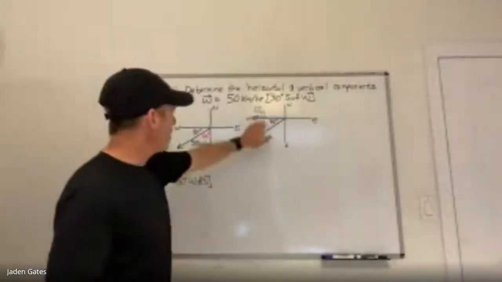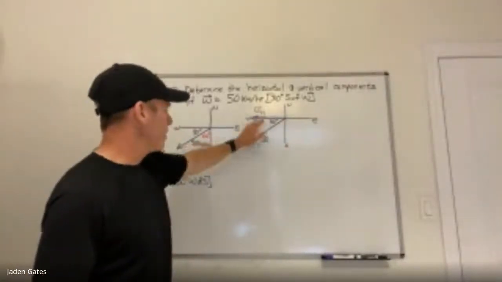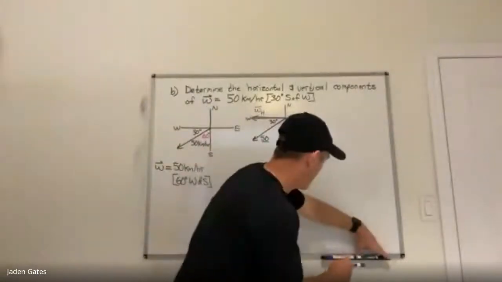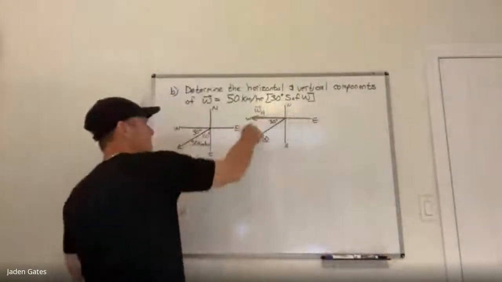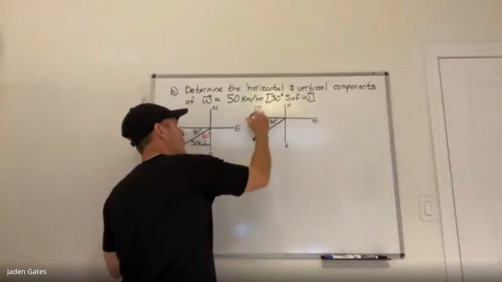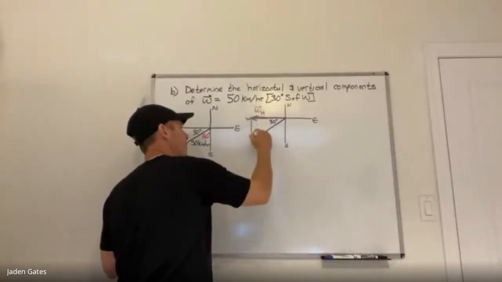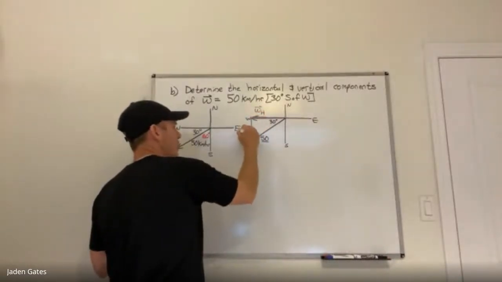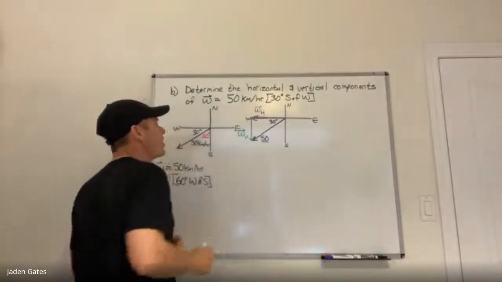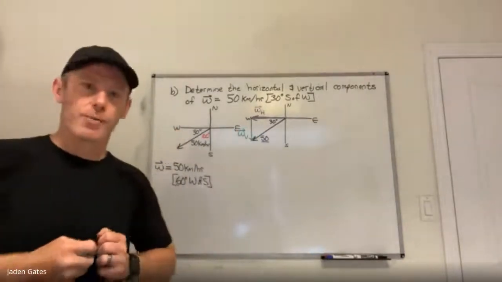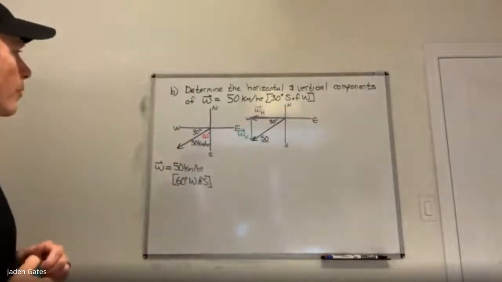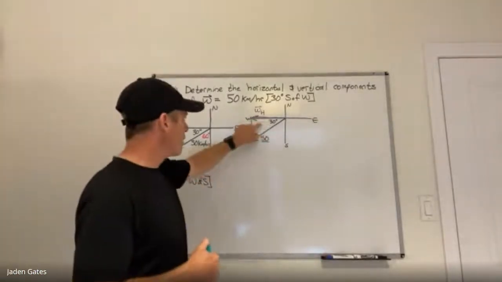All right, so there is our horizontal vector right there. Then how much up or down does this vector go? Well, it goes downwards. And so right here, this green line would be what's called our WV, the vertical component of our vector W. All right, now, what I've got here is a nice little triangle.